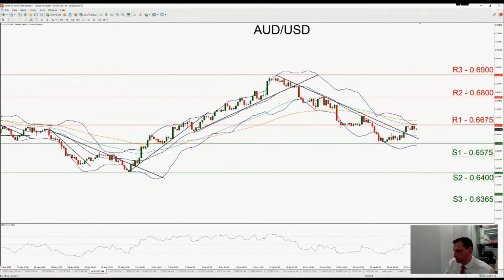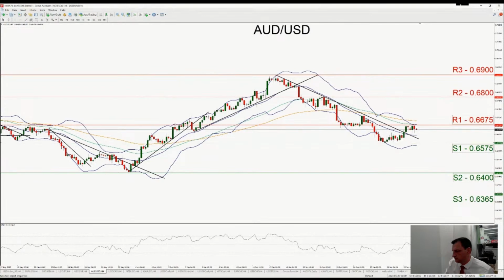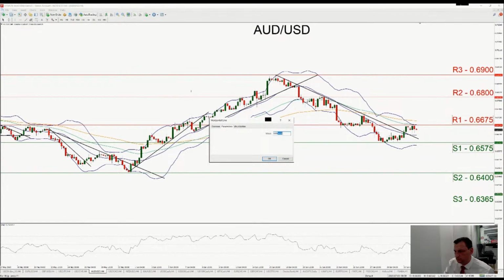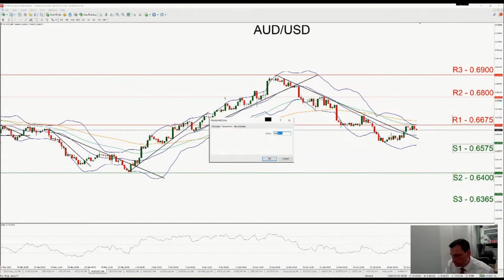And let's readjust also the first support line. 0.6595.